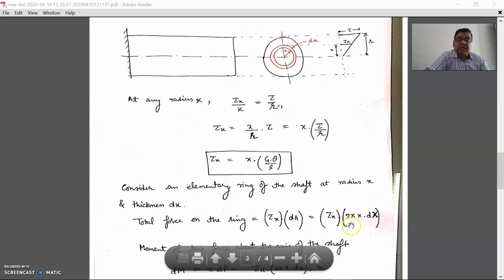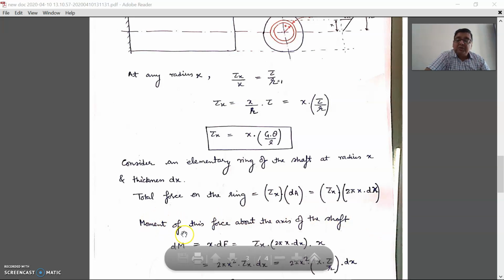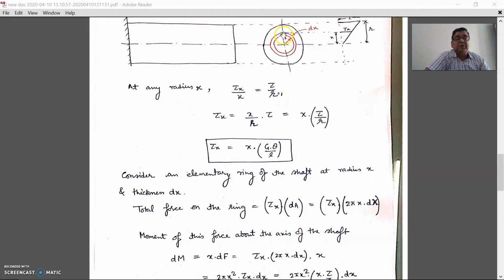So tau x multiplied by 2 pi x into dx. And if I wish to calculate the moment of resistance, because this force is going like this, the moment of resistance will go against it, right? I'll again repeat, if the force goes like this, the moment of resistance will go against it.